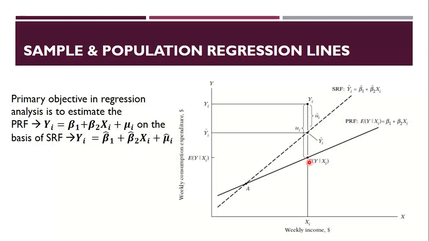So mu i hat plus the difference between yi hat minus the expected value of y given xi is equal to the population error term, that is mu i.